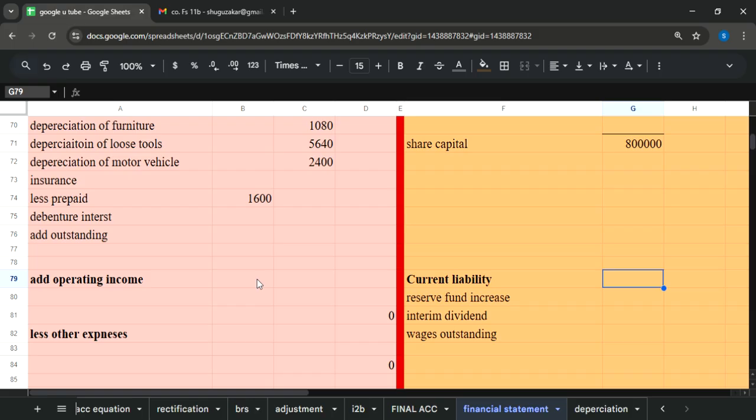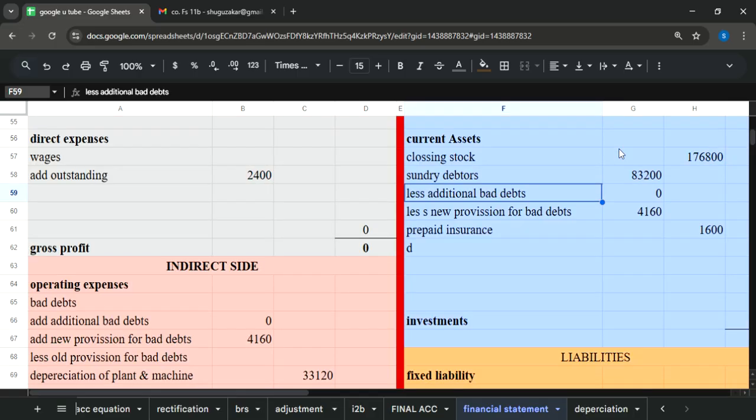So on the fixed liability side we will be writing authorized capital, the amount of which is also 8 lakh. But you have noticed this 8 lakh is underlined because authorized capital is just a nominal capital, the amount of which would not be added on the fixed liability side. Share capital we have recorded, so this amount would be added on the fixed liability side.